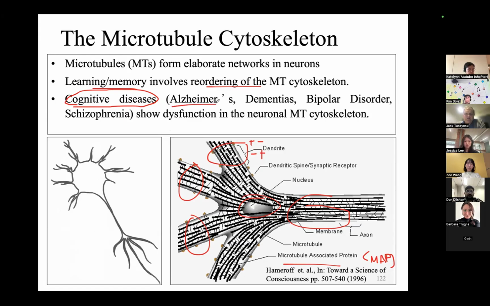That involves Alzheimer's disease, various dementias, bipolar disorder, Huntington disease, schizophrenia, and traumatic brain injury as well. In traumatic brain injuries, microtubules get broken in neurons, and then that causes cognitive dysfunction.